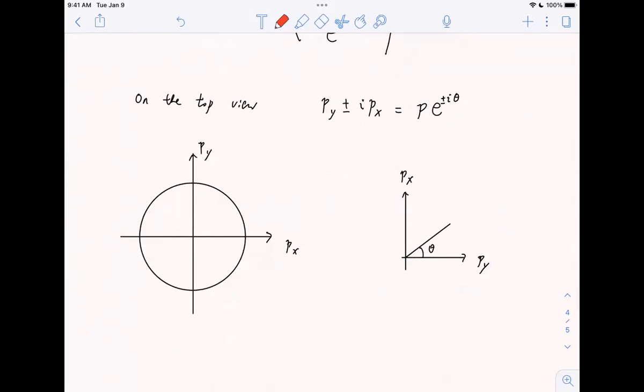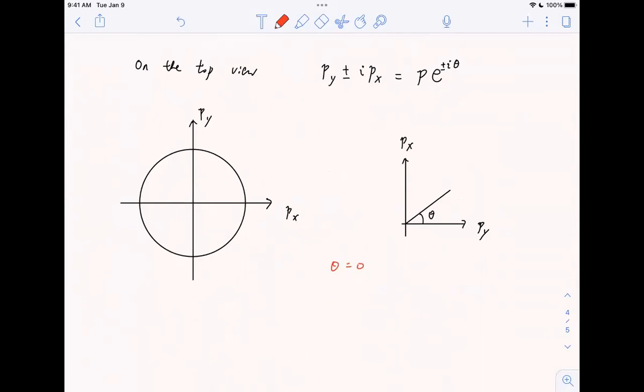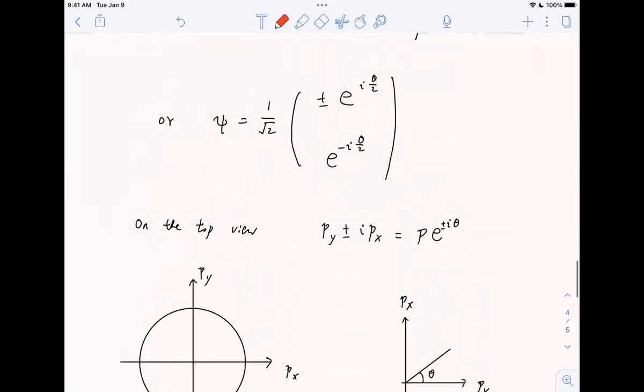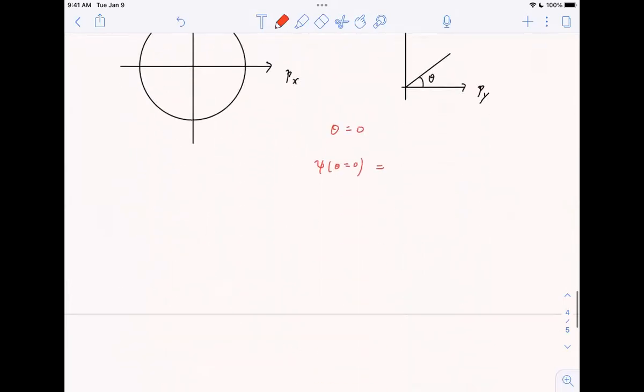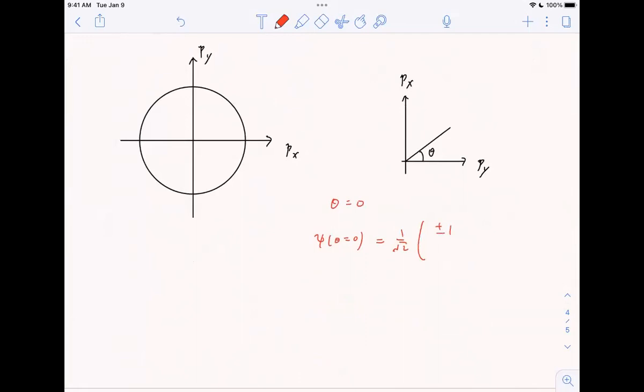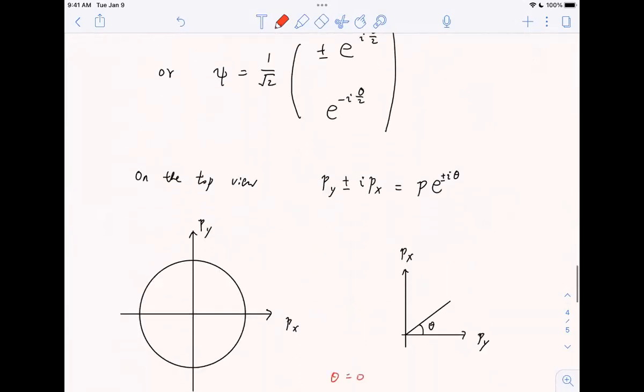Okay. So if theta is 0, then the wave function will be what? 0. This one will be plus and 0. This will be 1. This will be plus and minus 1, and then this will be 1.